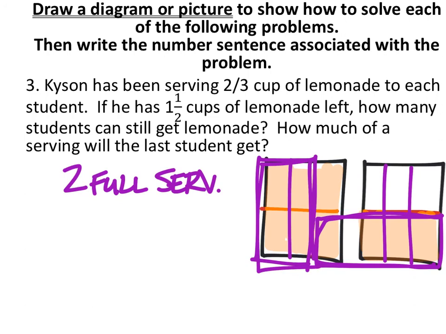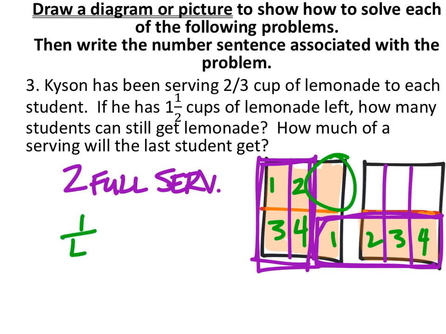So 2 students can still get lemonade, that's the first part. But how much of a serving will the last student get? Well, we know that 4 parts, 1, 2, 3, 4 parts, would make up a serving. And right here I've got 1 of 4 parts.